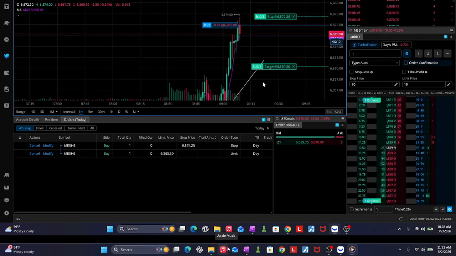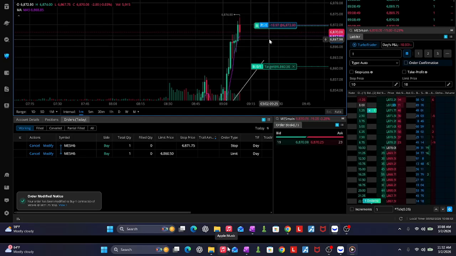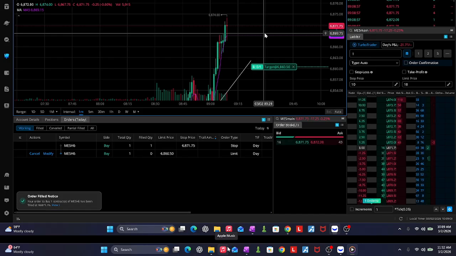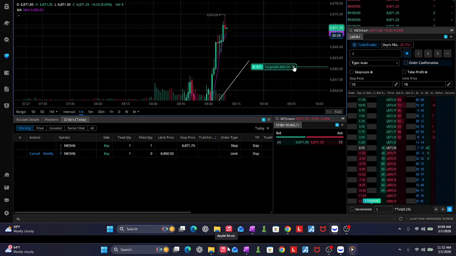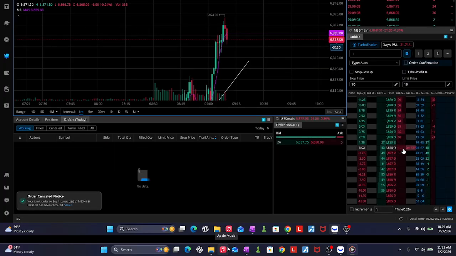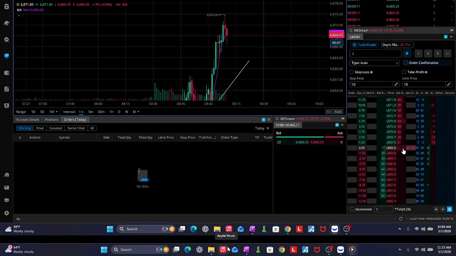The way I managed it was pretty emotional. I didn't necessarily give it room to hit my 1.5 to 1. It only hit my 1 to 1, and I didn't take a re-entry because of the way I managed this one. If I'm managing this poorly, I don't want to get into something else and just end up going on an emotional streak. So I got out with break even or a little bit of money.